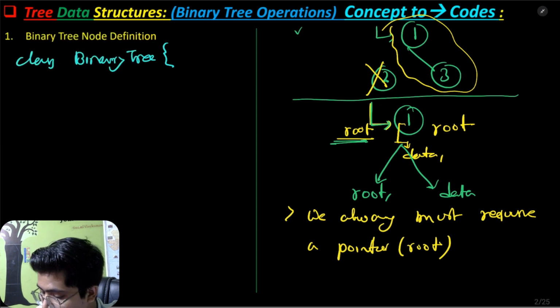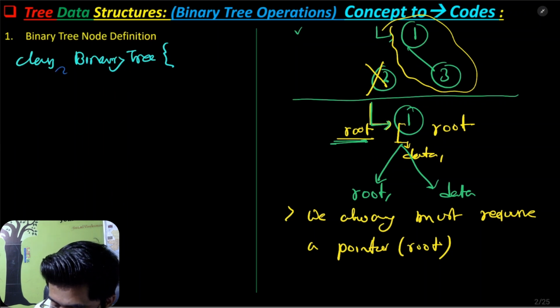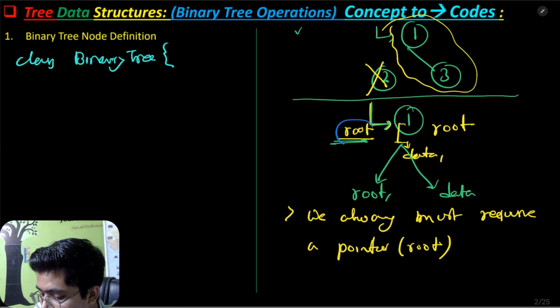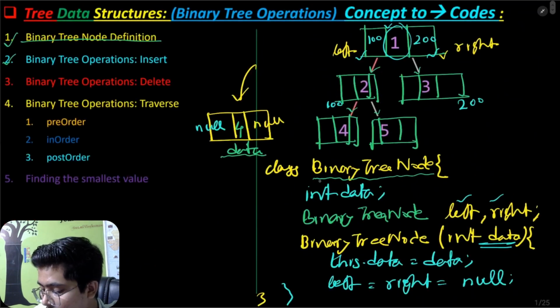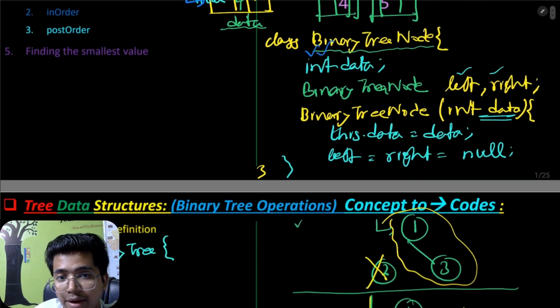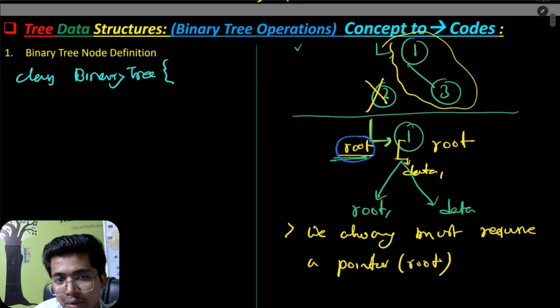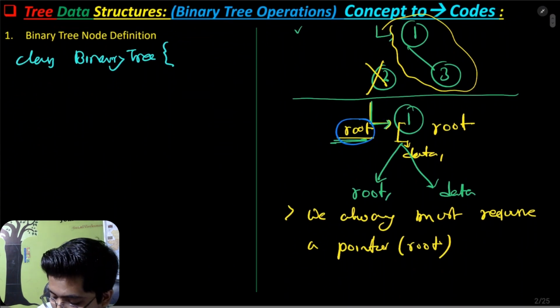Okay, I'm using this color. So we'll be declaring binary tree node, because this root is the pointer of this node. We'll be pointing to this node. So we have to create the reference of that node type. So we'll be writing binary tree node root.